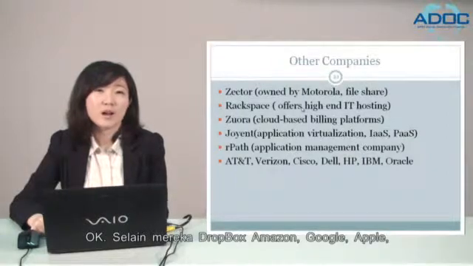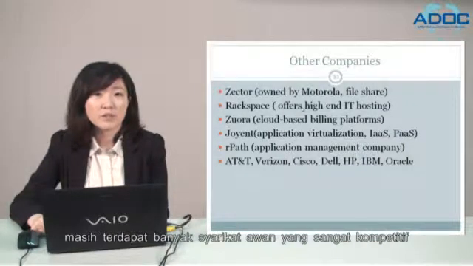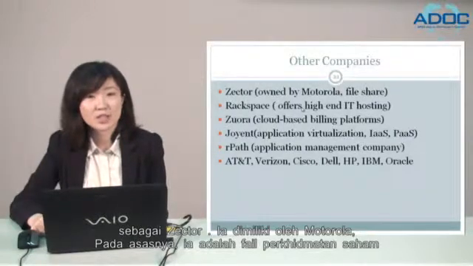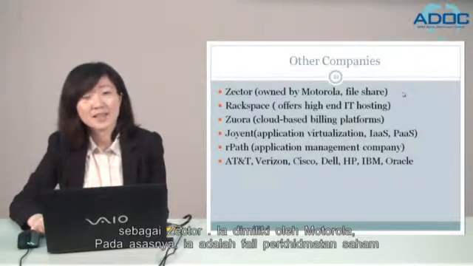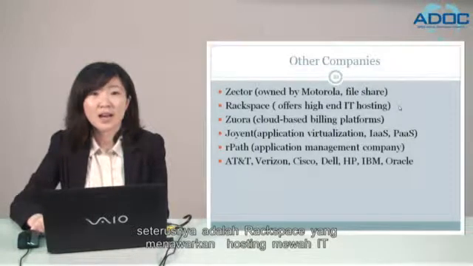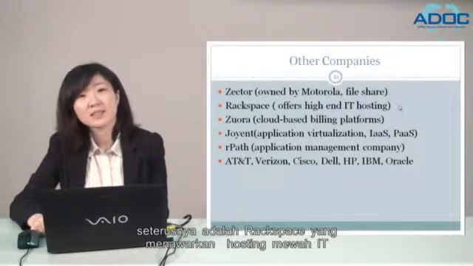Besides those cloud companies mentioned, like Amazon, Google, Apple, and Dropbox, there are still many cloud companies which are very competitive, but with a smaller scale and market share now, such as Zactor, which is owned by Motorola. Basically, it's a file sharing service. The next one is Rackspace, which offers high-end IT hosting.